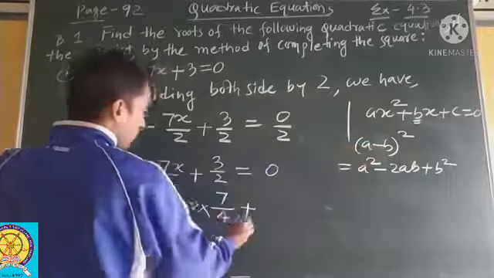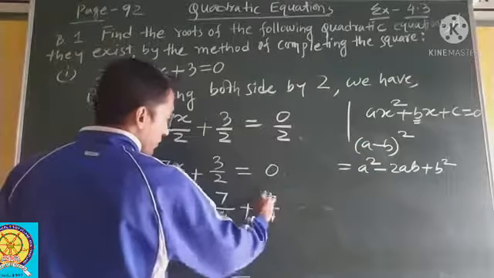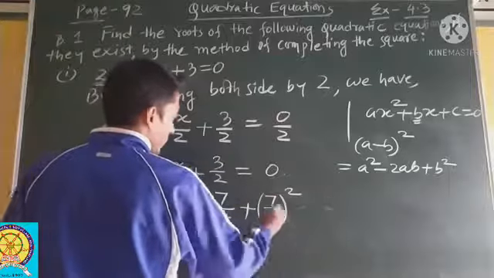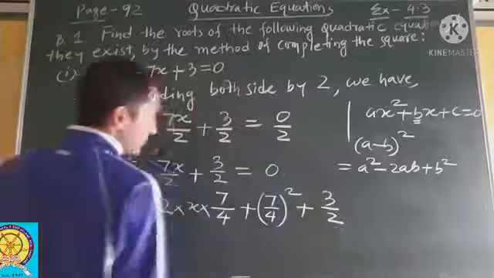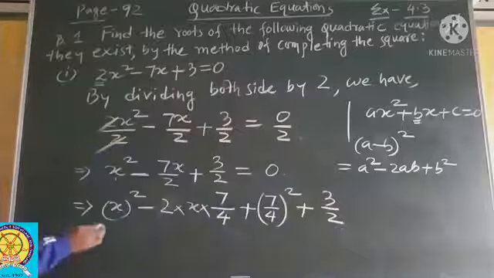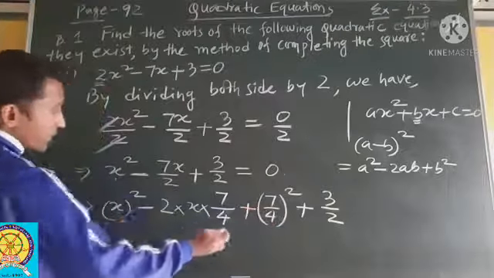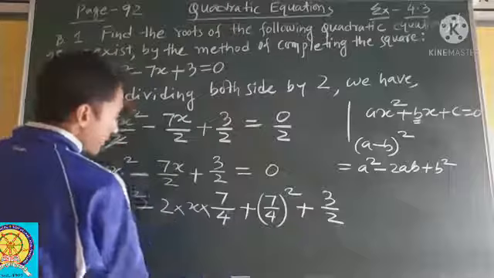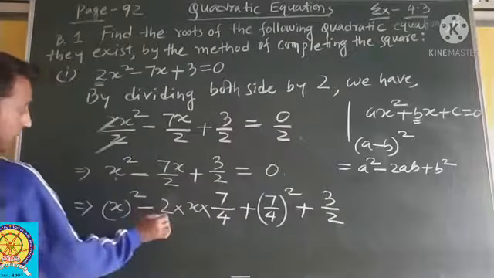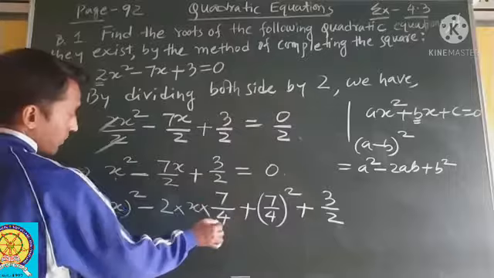As per the identity, plus b squared. The b value we got is how much? 7 by 4. So 7 by 4 whole square. Now plus 3 by 2. Now you see a squared minus 2ab plus b squared, this part we get according to the identity: x squared minus 2 into x into 7 by 4.